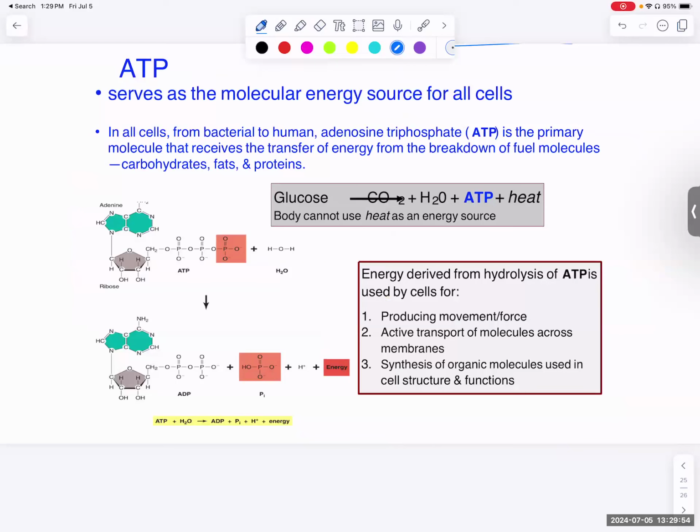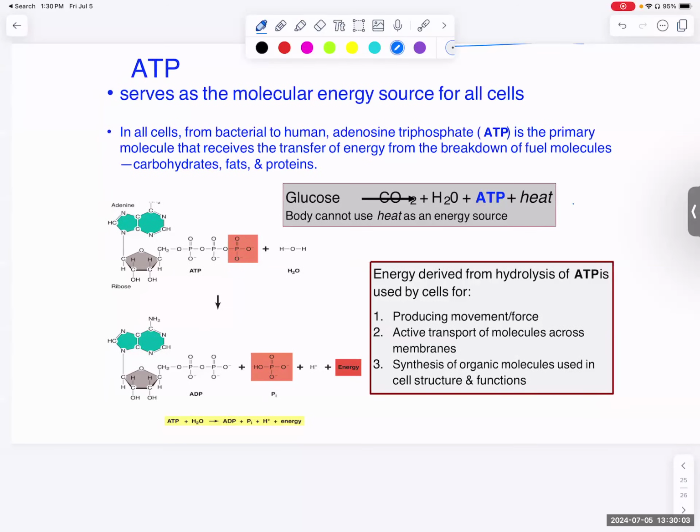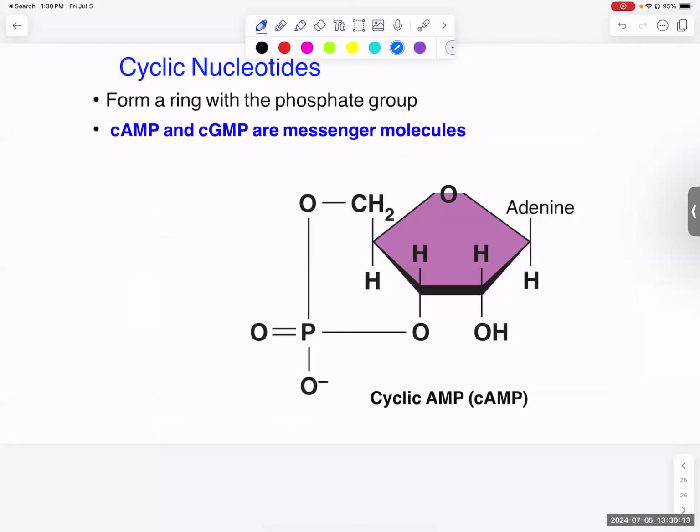Anywho, ATP, again, serves as molecular energy source for all cells. It stores potential energy, and this is cellular respiration. What do we use it for? Everything. Everything the cell needs to do, energy.